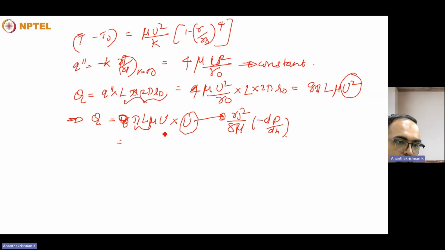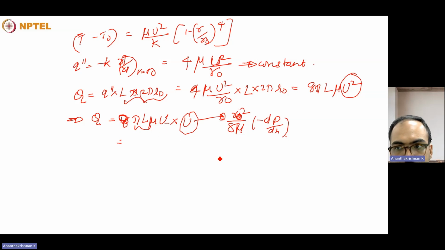Pi r squared, that is the cross-sectional area, multiplied by the velocity into rho, will give the mass flow rate.